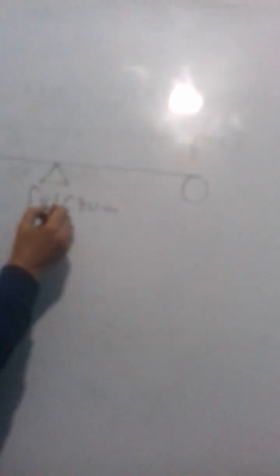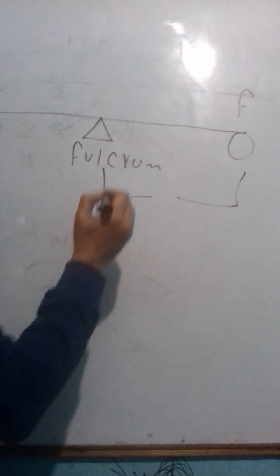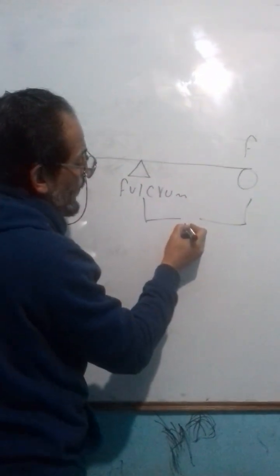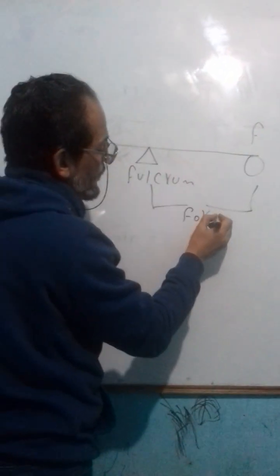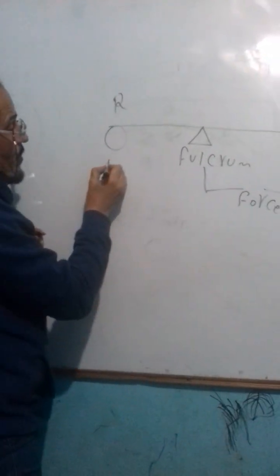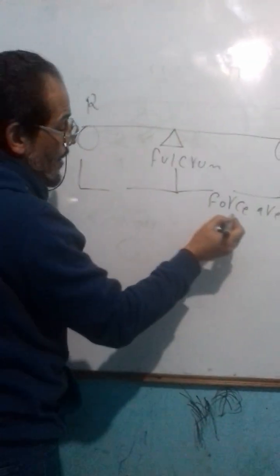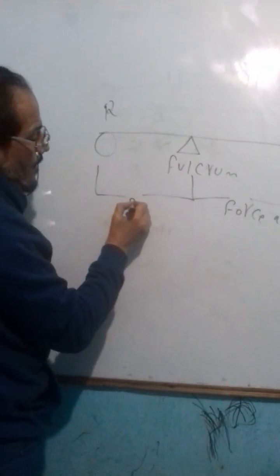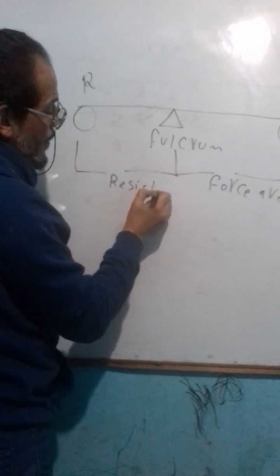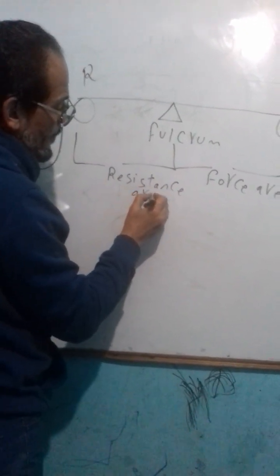The distance between the fulcrum and the force is called force arm. The distance between the resistance and the fulcrum is called resistance arm.